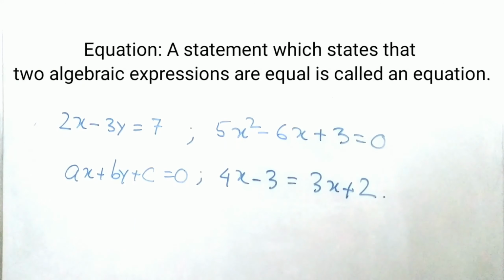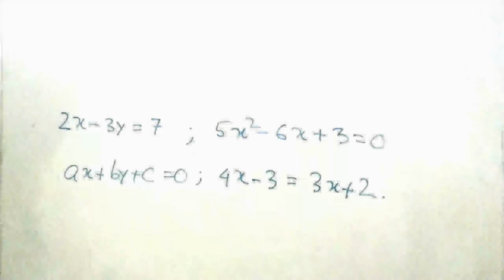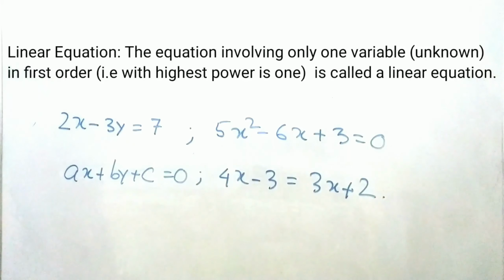Now let us talk about the linear equation. A linear equation is an equation involving only one variable or unknown in the first order, that is with highest power equal to 1. So here among these four equations, which is a linear equation? Let us find.